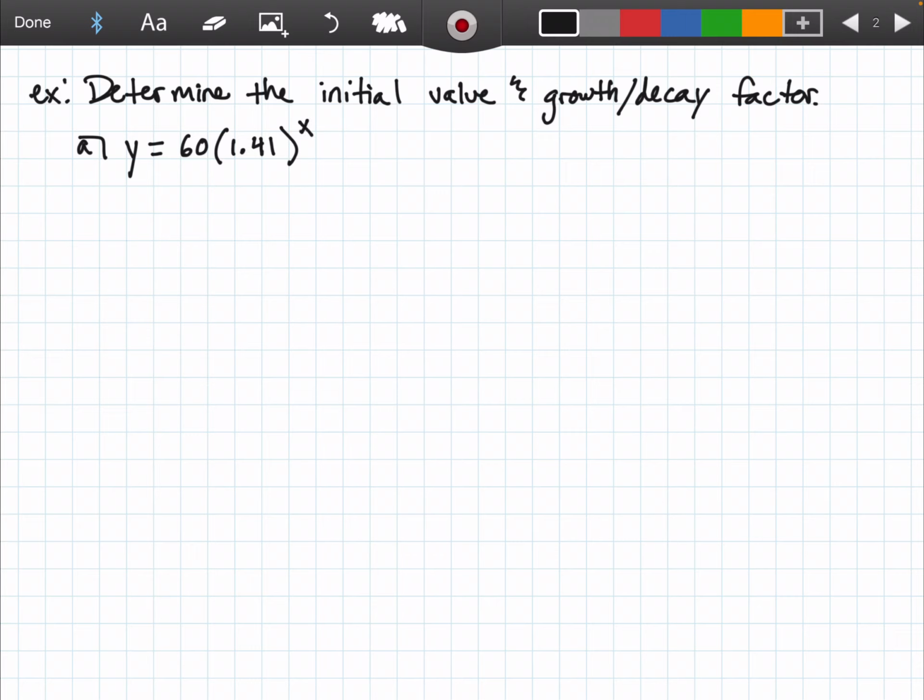Okay, so for example A, my initial value is going to be 60 because that's what's out front of what's attached to the exponent. And I can see this is growth because it's bigger than 1. So my growth factor is 1.41.